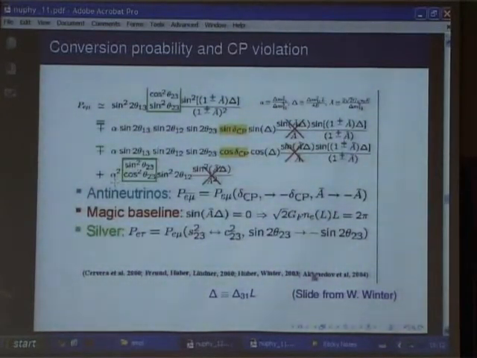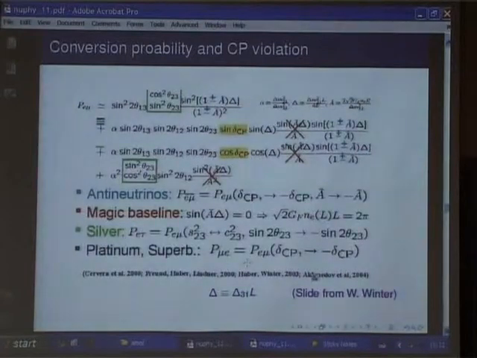And this term is alpha squared, which is 10 power minus 3, so that's very small anyway, so forget it. So if you had sine squared theta 1 3 as, let's say, 0, the value of P mu e would be equal to 0. So P e mu is just the same as P mu e by changing delta CP. That doesn't matter. So even the value of P e mu would be equal to 0 if theta 1 3 is 0.